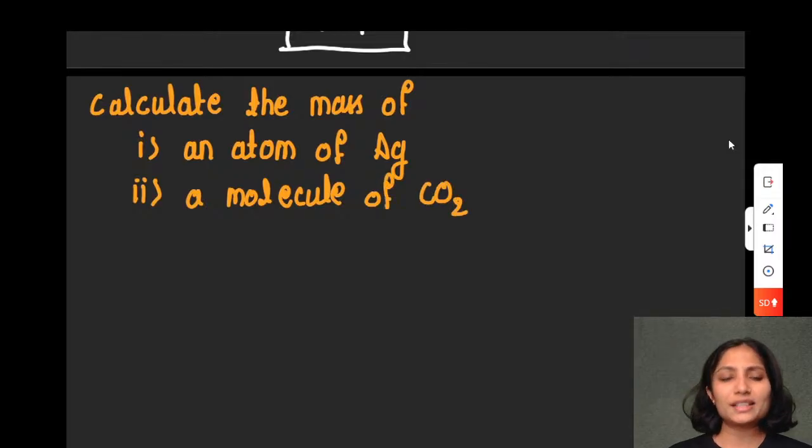So if we solve this, almost the mole concept will be clear for us. So calculate the mass of an atom of silver and a molecule of carbon dioxide. First, let us solve the first question.